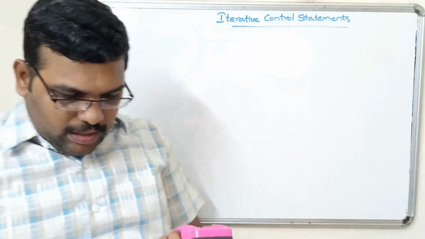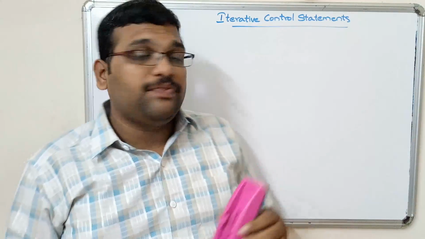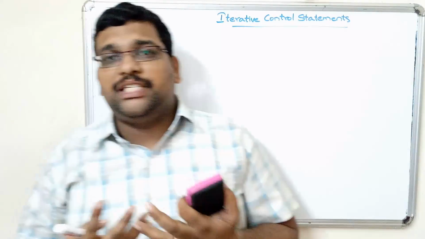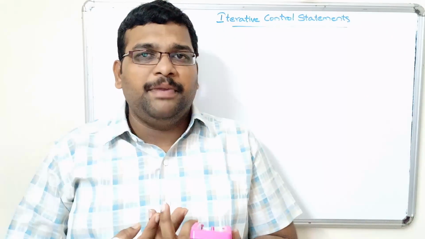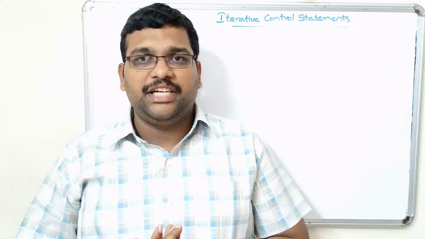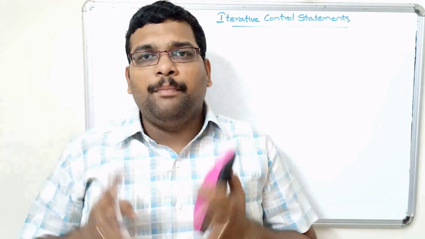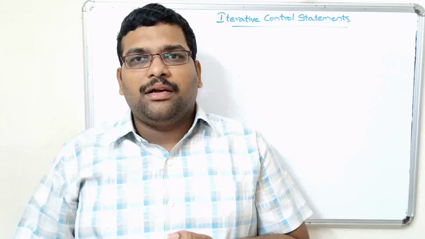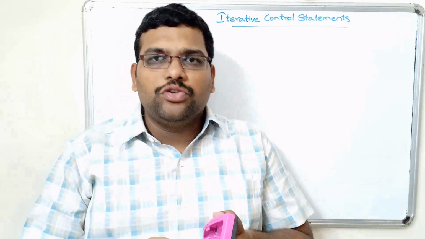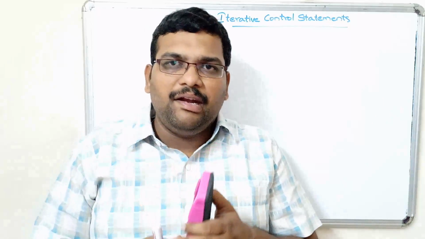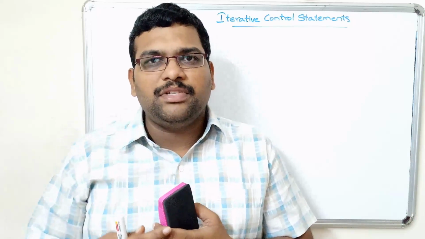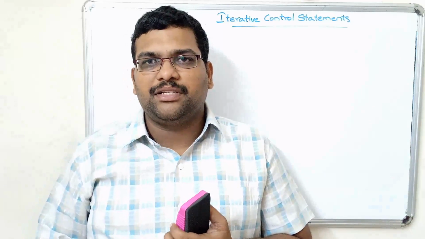Before going to the iterative control statements, first we have to know which statements we call iterative control statements. Whenever a block of statements is used to execute repeatedly for a number of times, we call it iterative statements.